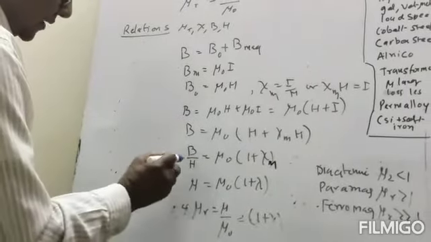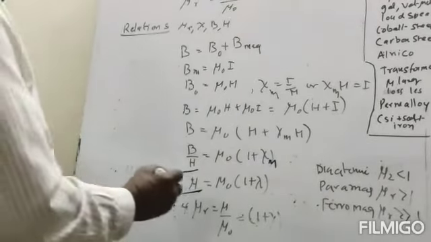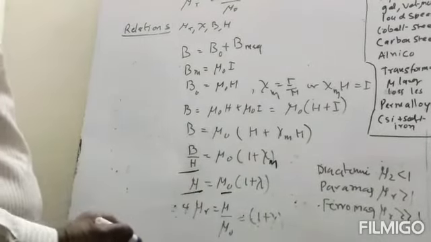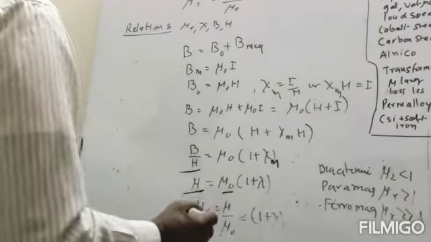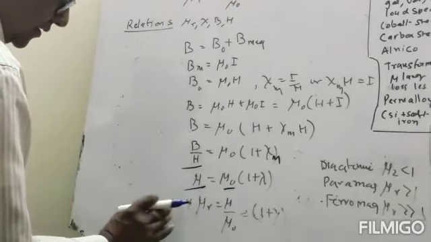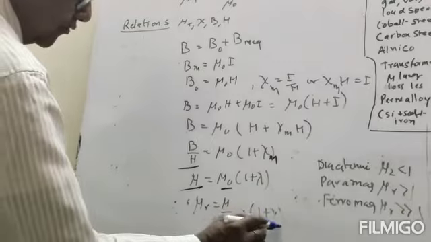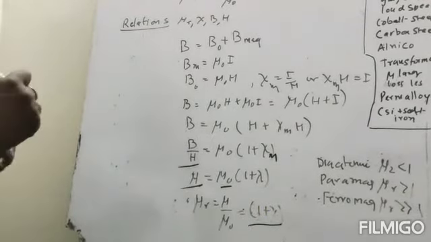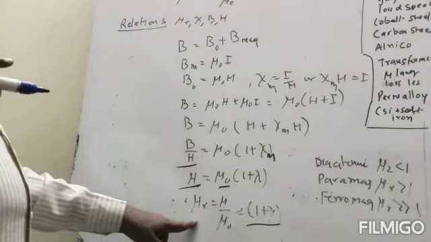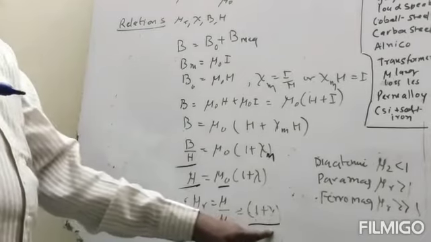So B by H is mu, the permeability of the medium, which will be equal to the permeability of the vacuum or air into 1 plus chi. Mu divided by mu0 is mu r. Mu r is equal to mu divided by mu0, which will be equal to 1 plus chi. This relation is very important: mu r is equal to 1 plus chi.